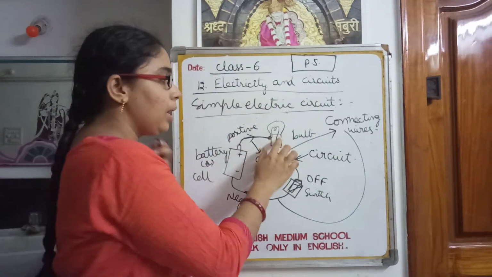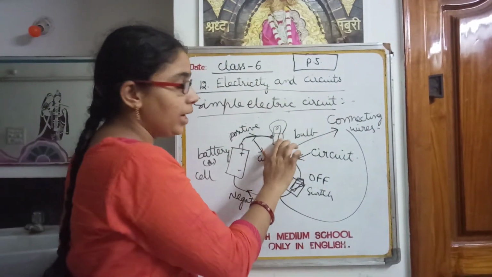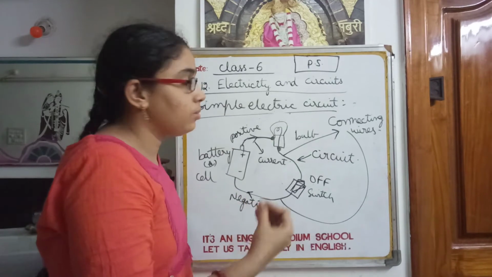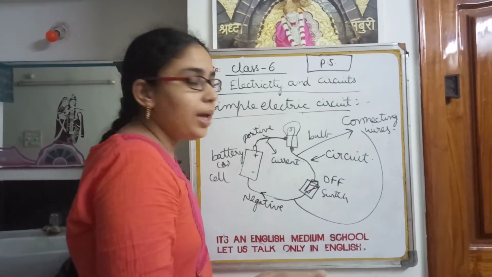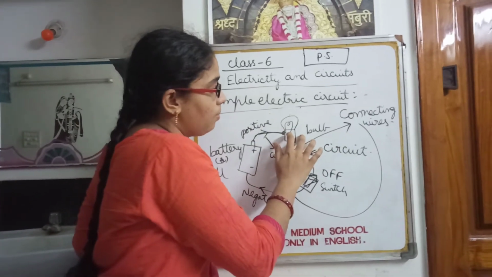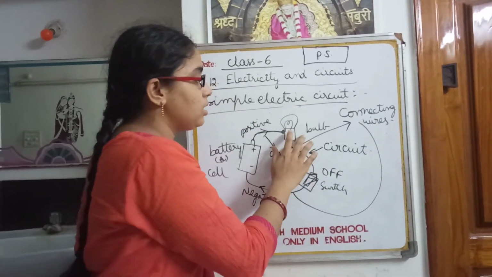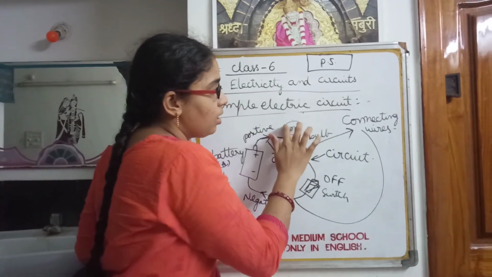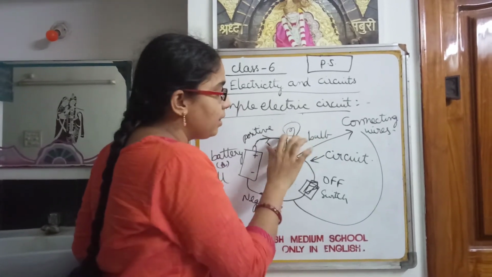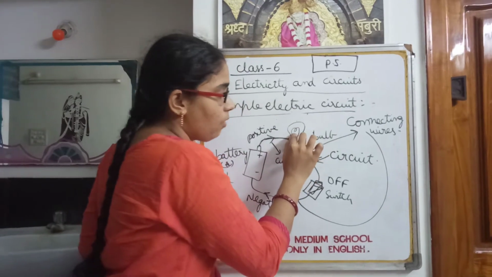See children, a bulb is nothing but a device which lights up, that means which gives light energy, by taking current. The bulb consists of a glass outer case, and in that a small thin wire is there.